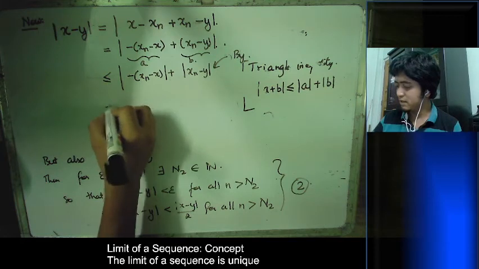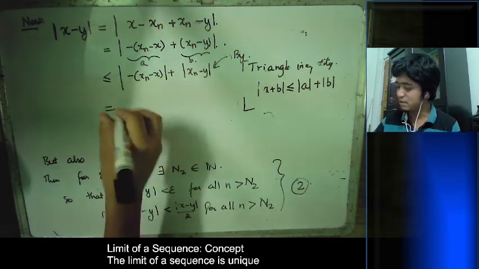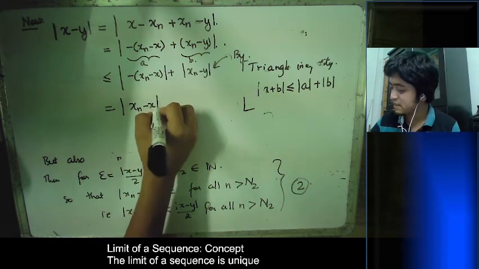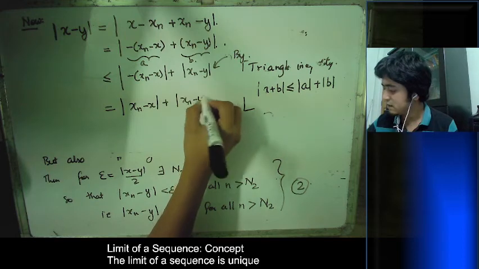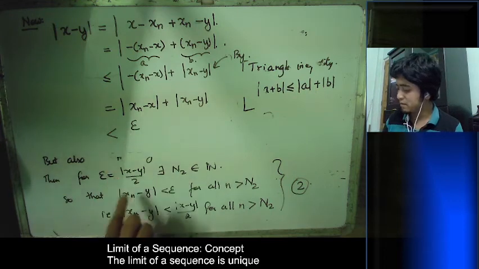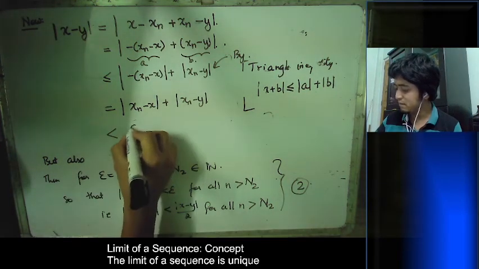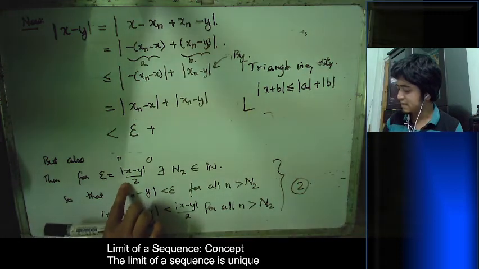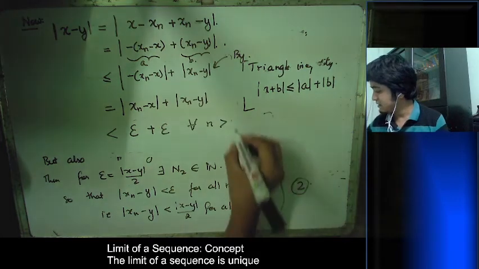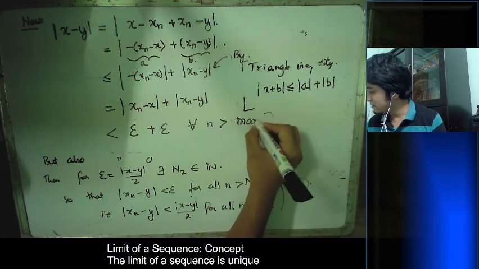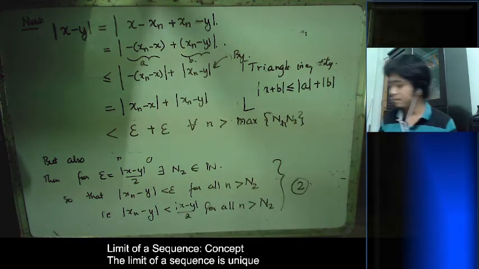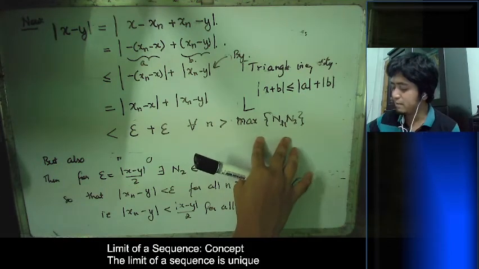So this one now is equal to |xn minus x|, which is less than epsilon, and this one also is less than epsilon, for all n greater than the maximum of n1, n2. How do I know that I will have to take the maximum?